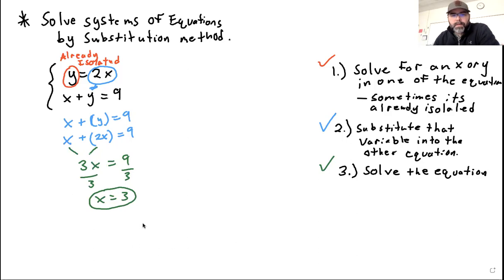So now that we know the value of x, what do we still need to find? Y. So that's going to be our 4th step. Now that we know the value of x, we're going to substitute back into the isolated equation.